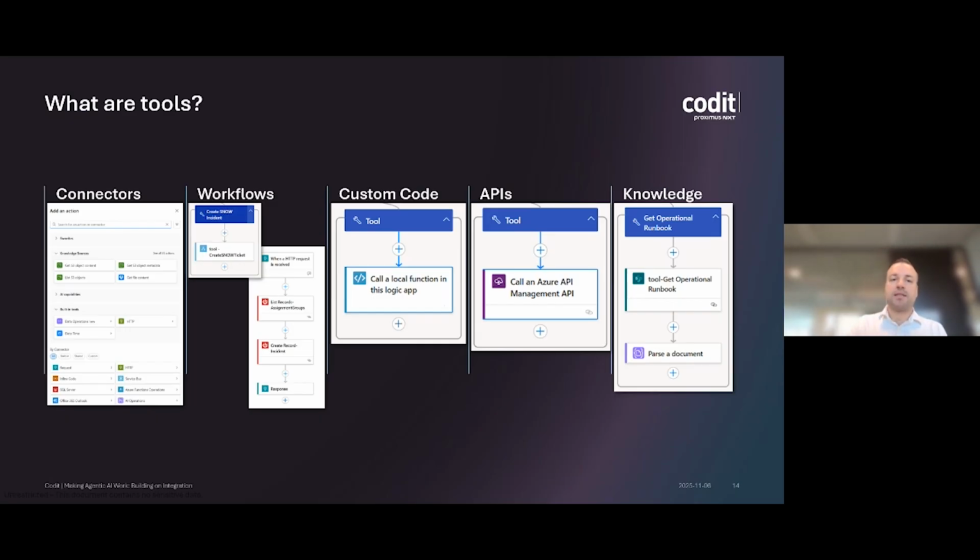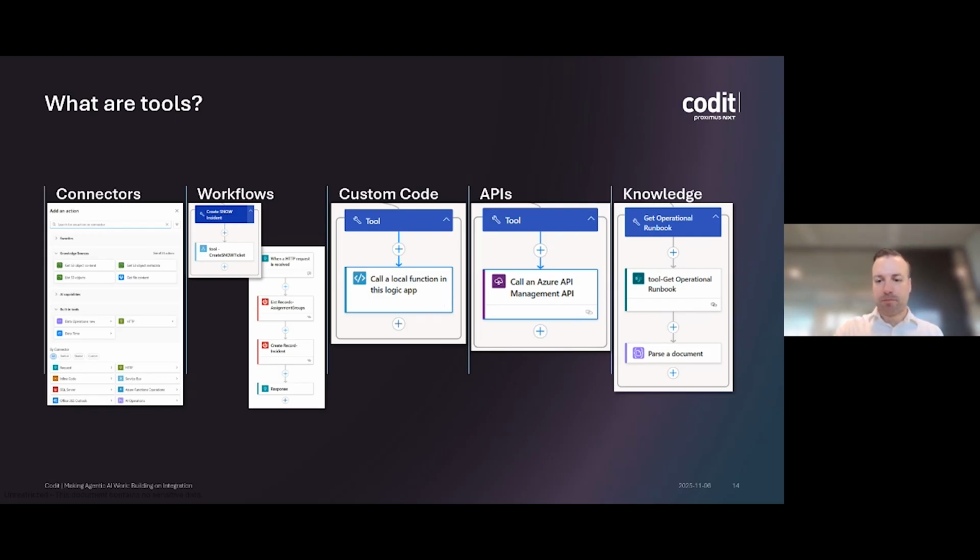Nowadays, almost everything has an API, especially a lot of SaaS tools, and API management can be used to provide you with a great place to manage, govern, and protect all those APIs that you have. And you can plug it into the agentic ecosystem by using the API management connector, for example.